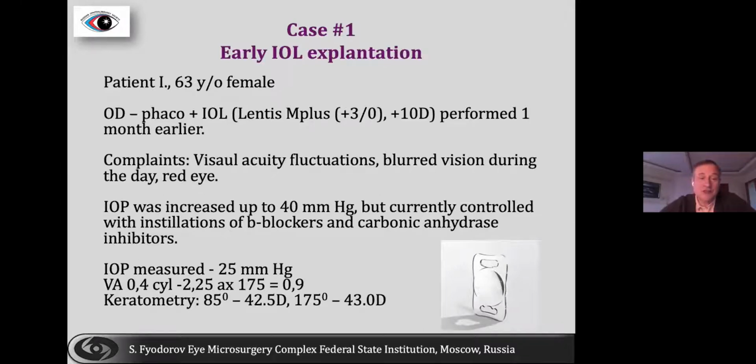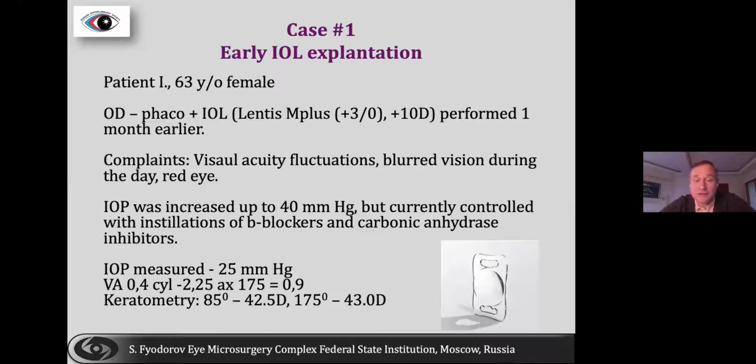So this is case one, early IOL explantation. This is the Lentis M Plus IOL, and the patient was complaining of visual acuity fluctuations, blurred vision during the day, and red eye.